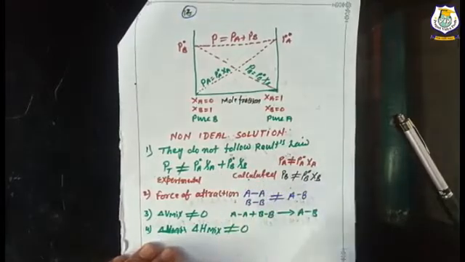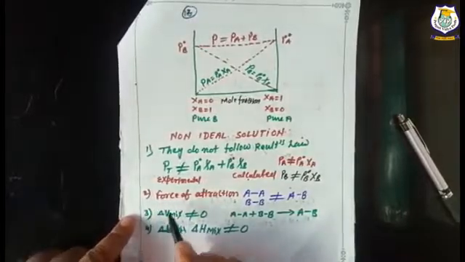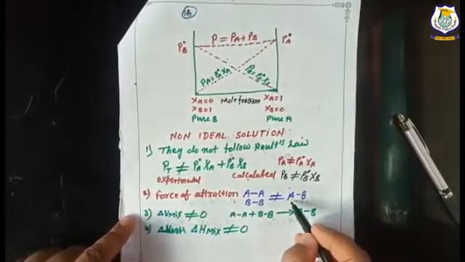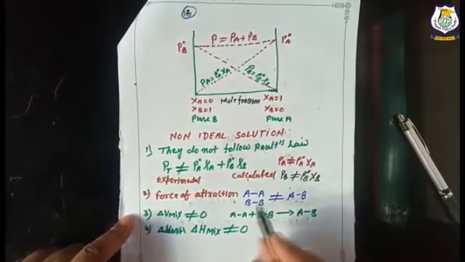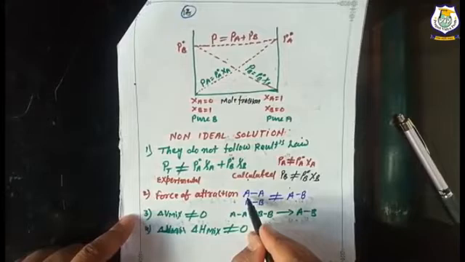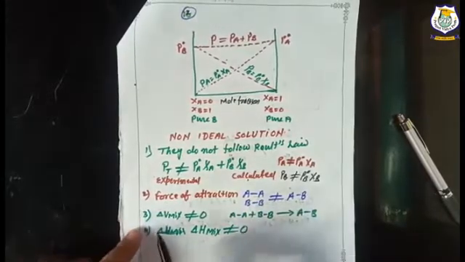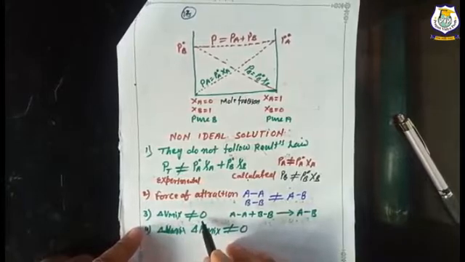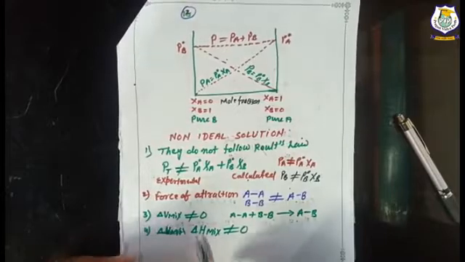The second condition of non-ideal solutions: the force of attraction between A and B, that means solvent and solute, is not equal to the force of attraction between A and A and B and B. Delta V mixing is not equal to 0 and delta H mixing is not equal to 0.